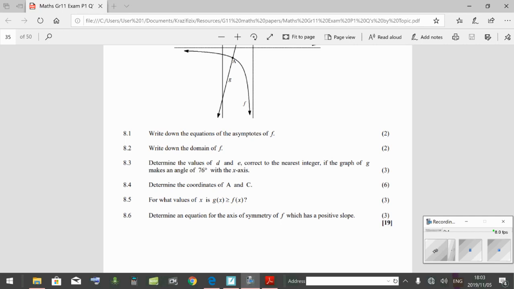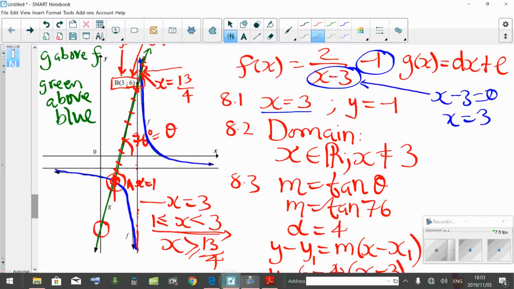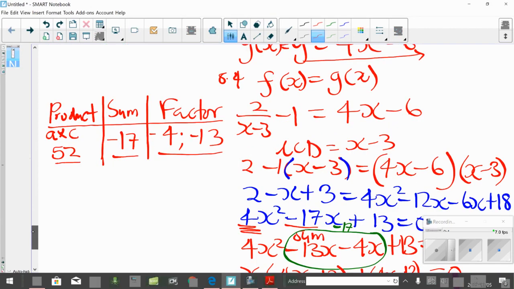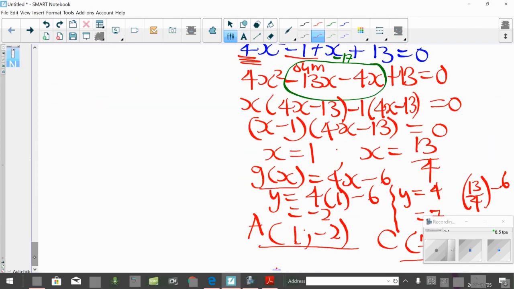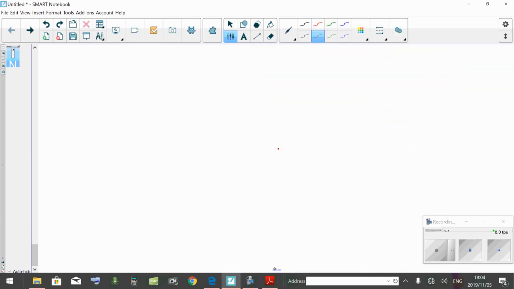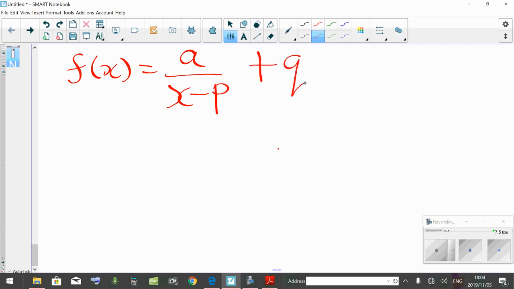The final question asks us to determine an equation for the axis of symmetry of F which has a positive slope. Please refer to part 1 of this video, where I give the equations of the axis of symmetry. Fastest way to get them. But in case you find it hard to remember, let me see if I can help you. Remember, hyperbola is written as a over x minus p plus q.